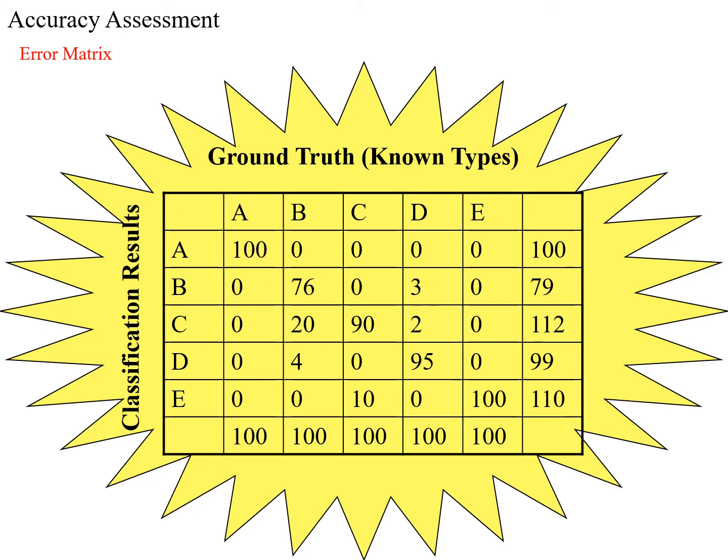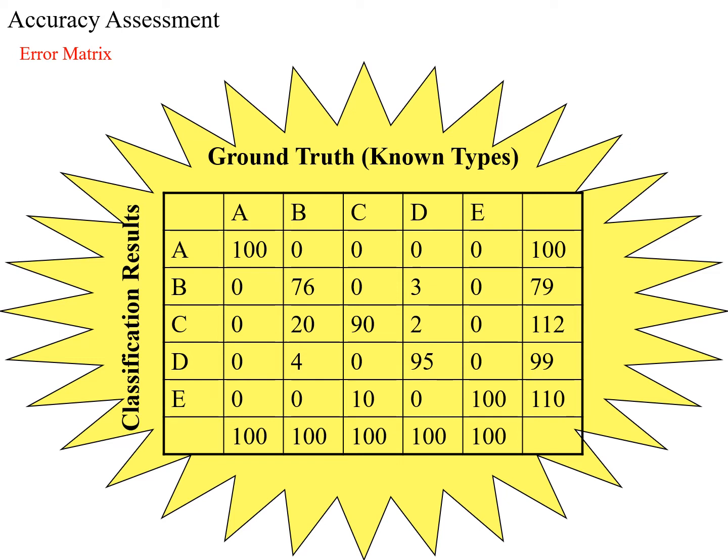Okay, so we've got ground truth values in columns, and we've got classifications in rows. And for instance, we have class B, and if you go along the row for B, we see that we collected 76 observations that our remote sensing said were also class B, and then 3 that were not.